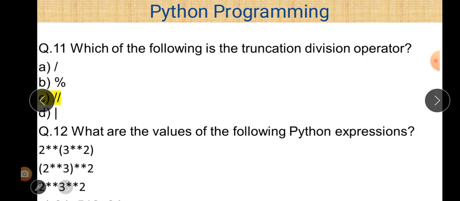Next question is, what are the values of the following Python expressions? Three different expressions are given, and we have to find the answer of all of these. Let us take the first one.